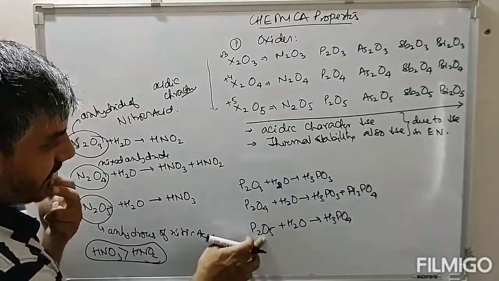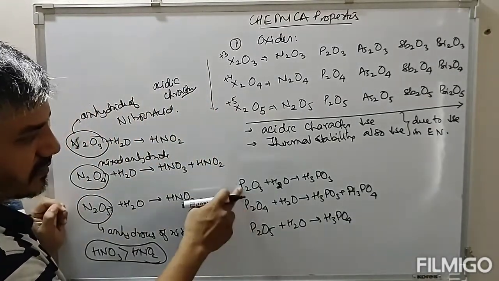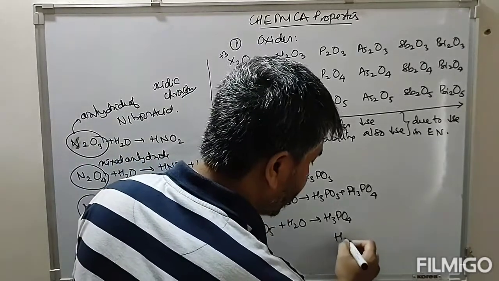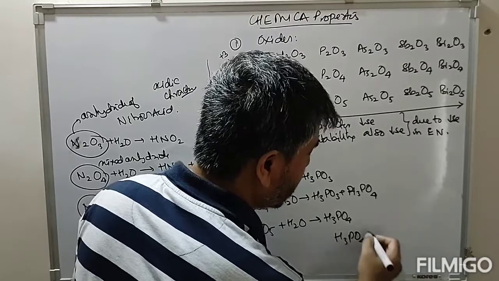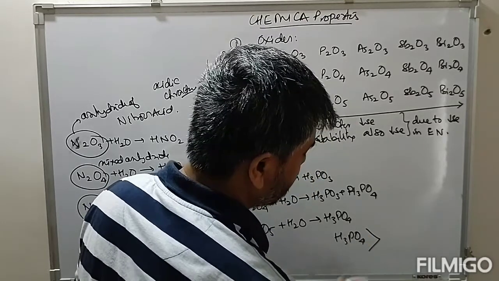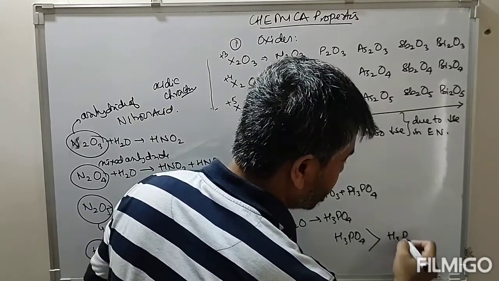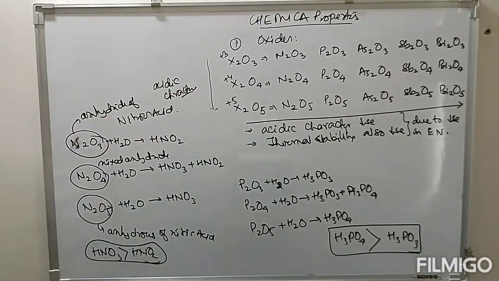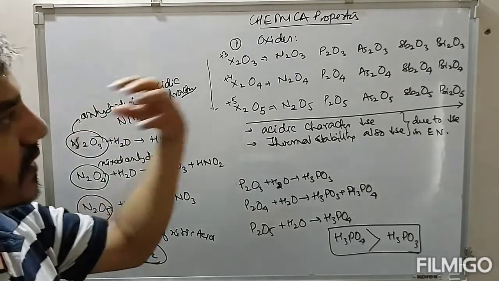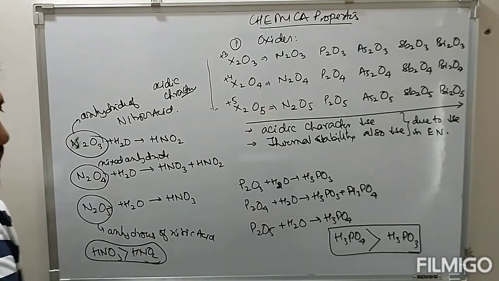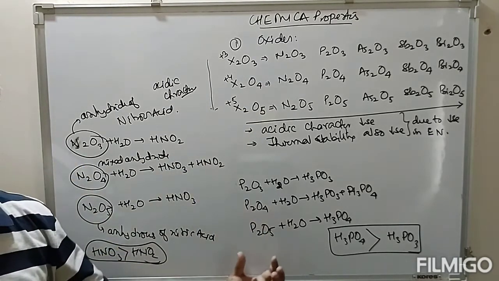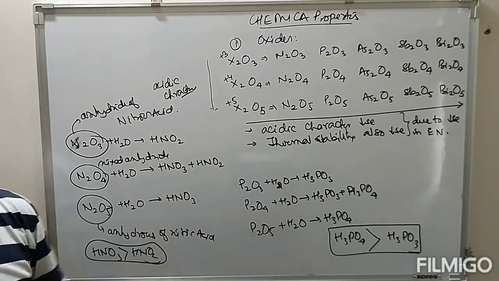So look at this, this is anhydride of phosphorous acid, this is mixed anhydride. So H3PO4 is more acidic than H3PO3. So this is how we define the acidic behavior of the oxides, and these oxides on hydrolysis give you various acids, and so these are known as acidic in nature.